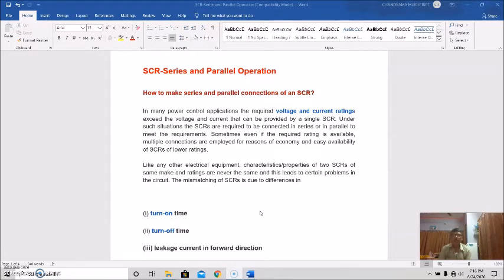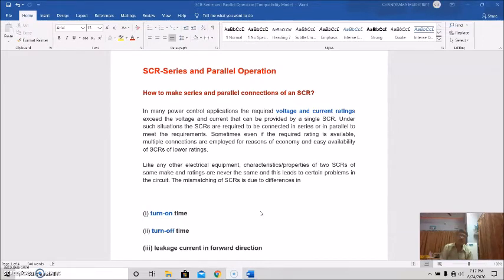As a result, under such situations, the SCRs are required to be connected in series or in parallel to meet the requirements. Sometimes, even if the required rating is available, multiple connections are employed for reasons of economy and easy availability of SCRs of lower ratings.